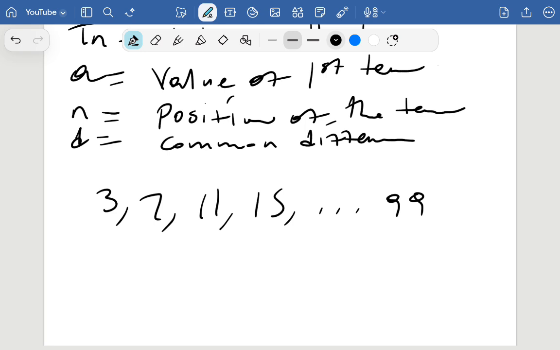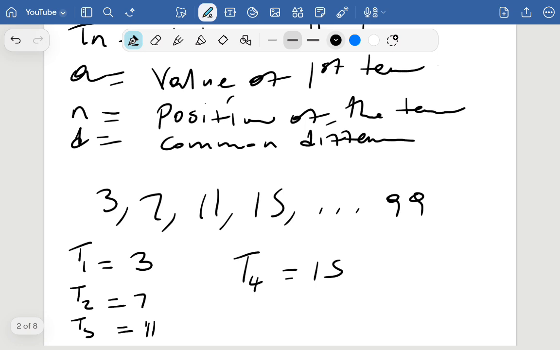Now, as we said that a is the value of the first term, in other words, T1 is equal to 3, T2 is equal to 7, T3 is equal to 11, T4 is 15, and so on.